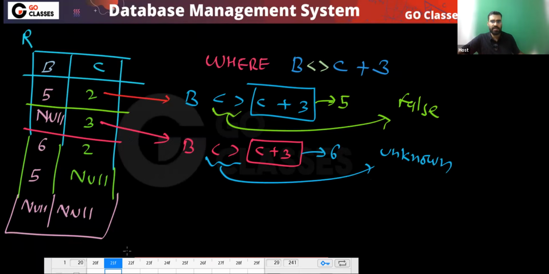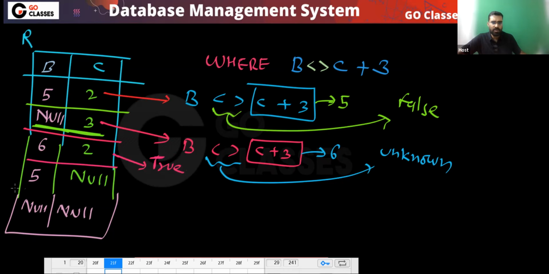So for this tuple, we got unknown, and for the first tuple, we got false. What about the next tuple? For this next tuple, you will get true.